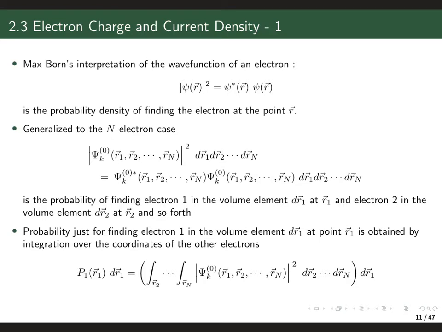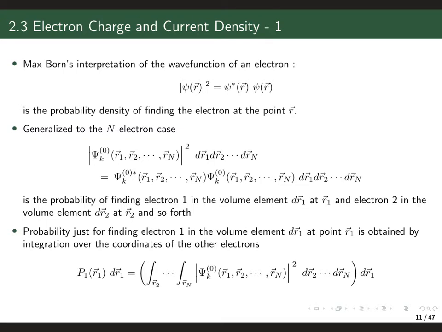But normally we are not interested in this. We are much more interested in knowing what is the probability of finding electron 1 in the volume element dr1 at the point r1, independent of where all the other electrons are. And if we don't care where all the other electrons are, then we just integrate them out.